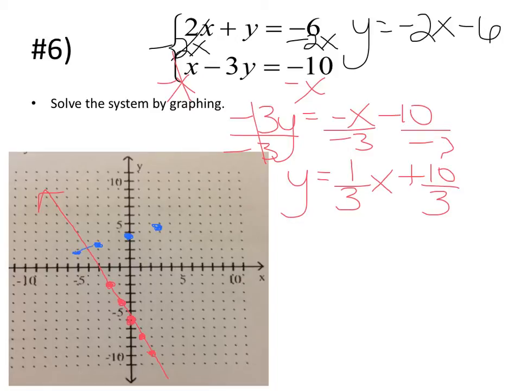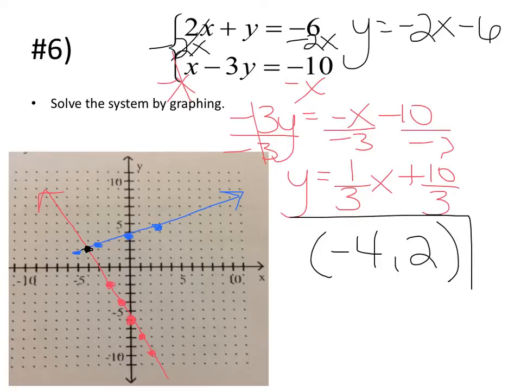So if I cross them, looks like my intersection is going to be right here, which is -4, 2. Okay, and our solution on the study guide says y equals 2, so we know that our y is at least right.